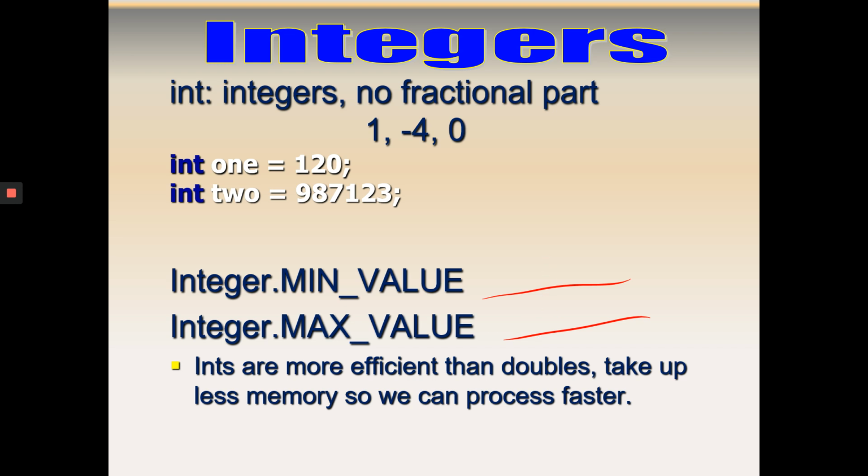Notice they're all capitalized. These are what is called a constant value. It means it never changes. And it has a specific value associated with it. So we don't have to remember exactly it's 2 billion and some other stuff. We just know that there's a min and max value. We're going to use these quite a bit throughout the course of the year.